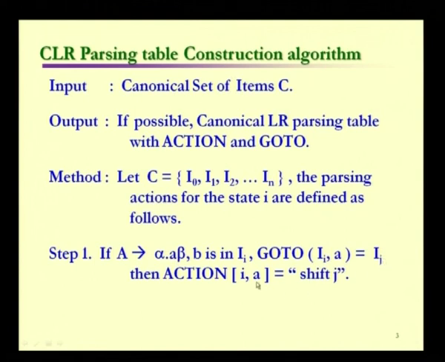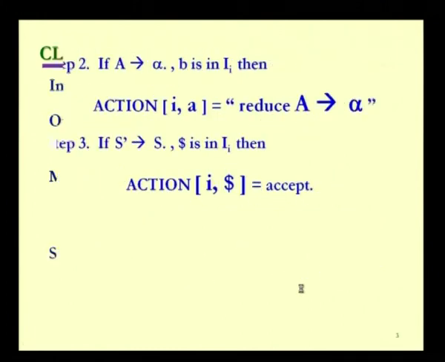Now, the action component in the parsing table is action of i comma a equal to shift j. So, this i is the state in which we have an item of the form A derives alpha dot a beta, comma b, a is the terminal that immediately follows the dot, and j is the resulting state of goto of i comma a. Then the action of i comma a is equal to shift j. So, that is about the shift action.